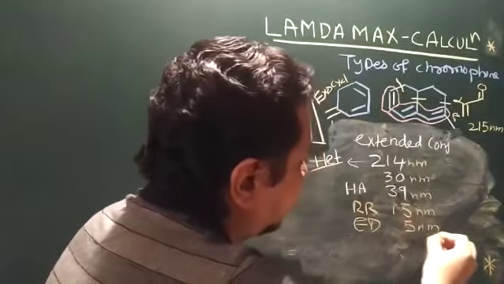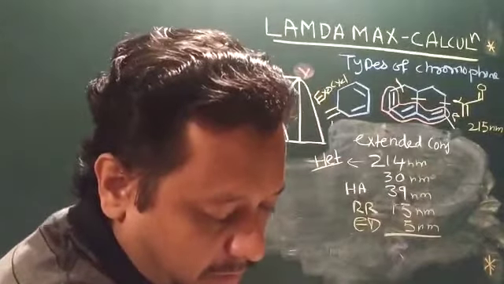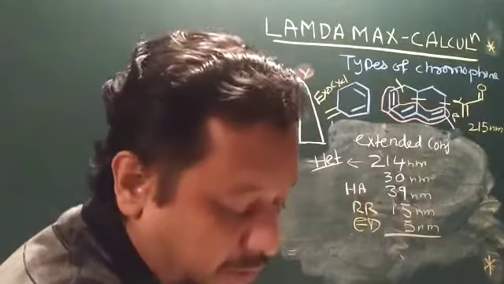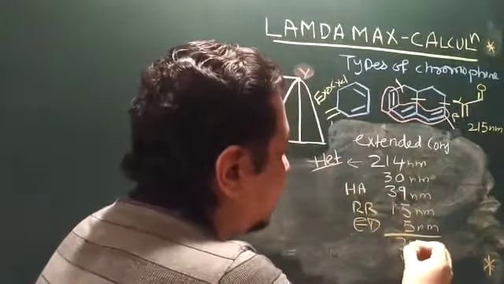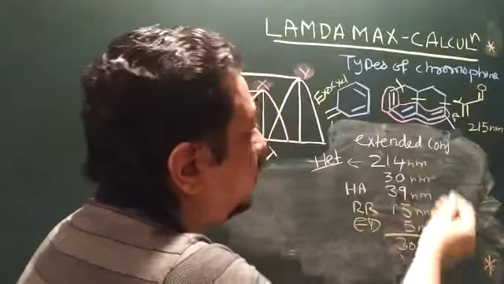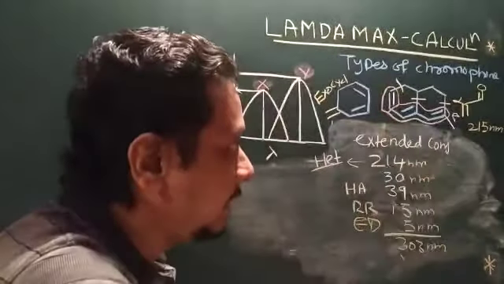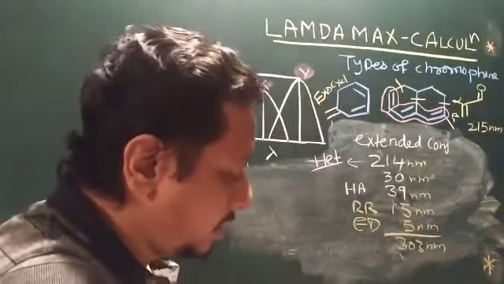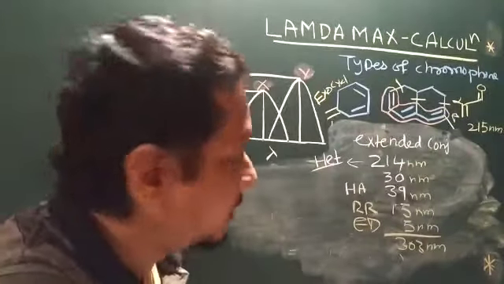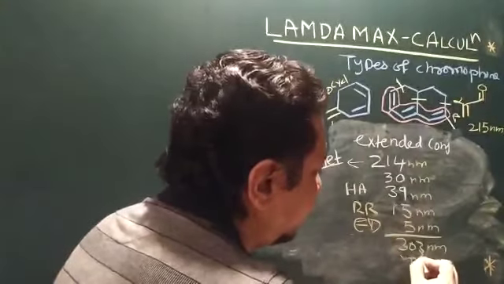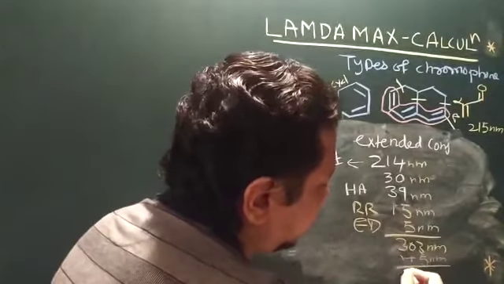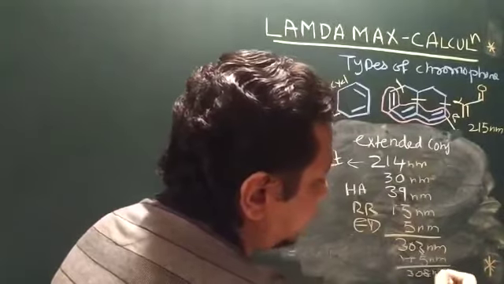Okay, so if you add up, it will be 303 nanometer. Apart from that, if you have any substitution attached on the conjugation of the diene, then you have to add plus 5. So total your answer is 308 nanometer.